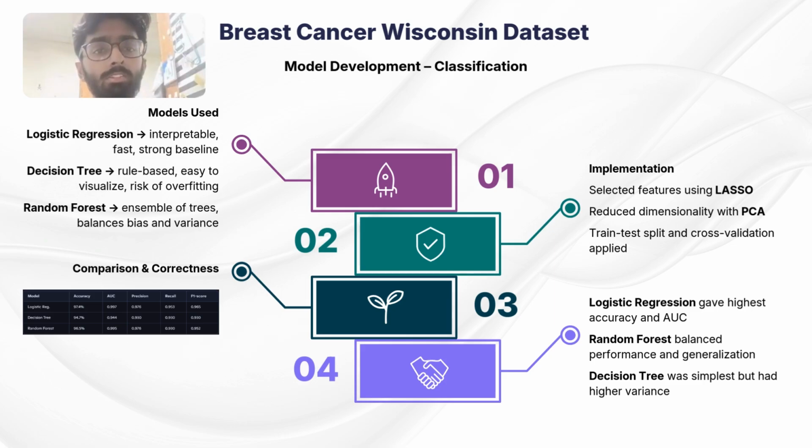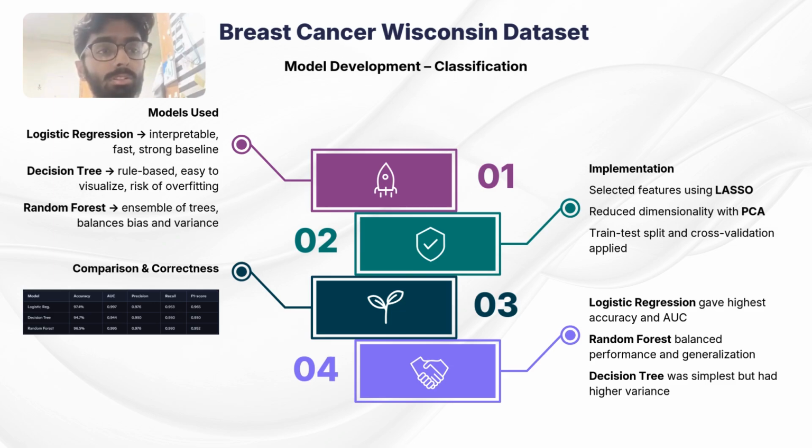Okay, next. For the breast cancer dataset, we developed three classification models: logistic regression, decision tree, and random forest. Logistic regression performed the best, offering high accuracy and a strong AUC score, which means it was very effective at distinguishing between benign and malignant tumors.